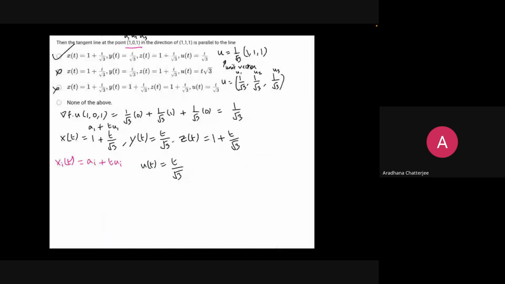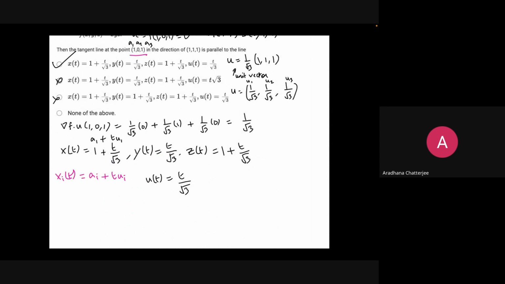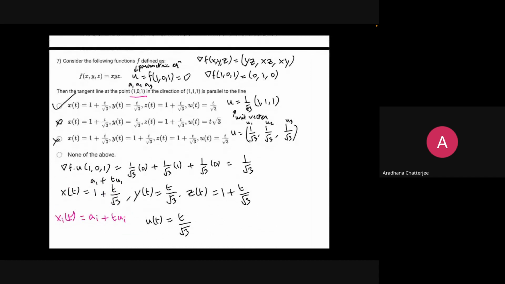For the last one, instead of the ith coordinate of the given point, it becomes the value of the function at the given point. And then instead of taking the unit vector, you will take the gradient times the unit vector.